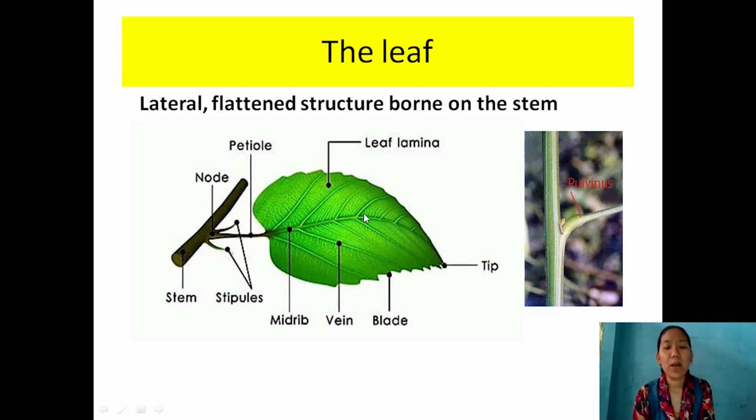In some groups of plants, like leguminous plants, the base of the petiole is swollen, and such a type we call pulvinus. Here you can see it is swollen, it is pulvinus. So as you see, the leaves are present on the stem at the node, and in the axil of a leaf you find an axillary bud.